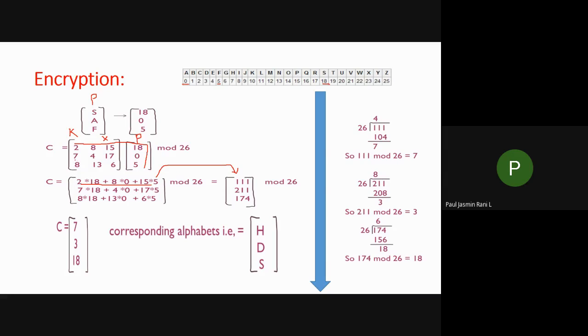Next, you have to do the second row: 7, 4, 17 into 18, 0, 5. So 7 into 18 plus 4 into 0 plus 17 into 5. After calculation you get 211. Next, the last row: 8 into 18 plus 13 into 0 plus 6 into 5.